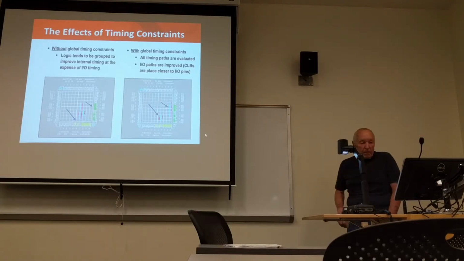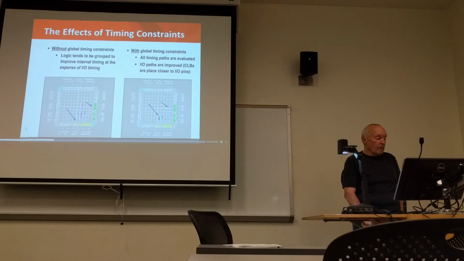Timing constraints are used to communicate performance objectives to the implementation software, which in turn is used to place and route the design such that the design will meet your timing objectives. When timing constraints are used, the placement and routing solution can be very different. In this case, the pin placement is almost identical to the original implementation without using timing constraints. However, the placement of the logic is significantly different.